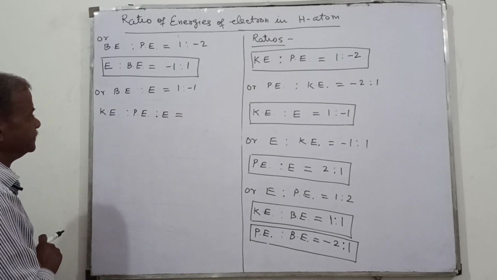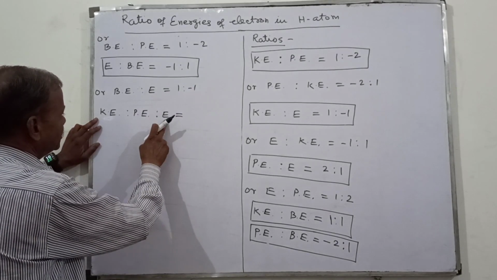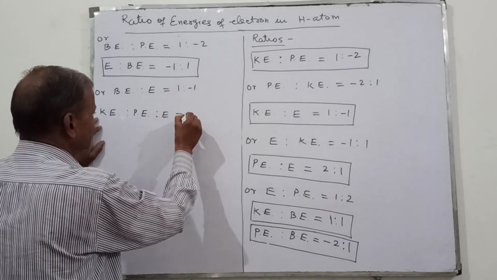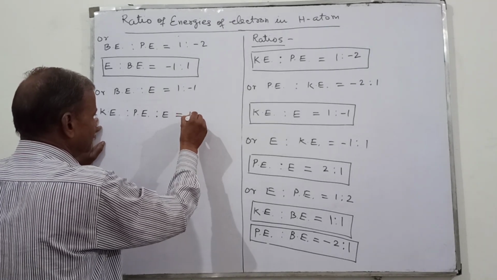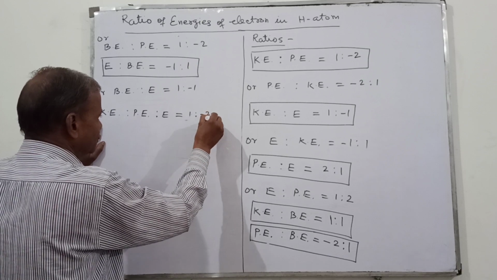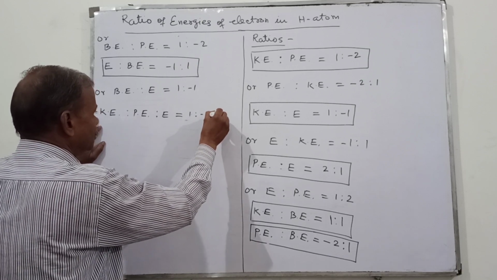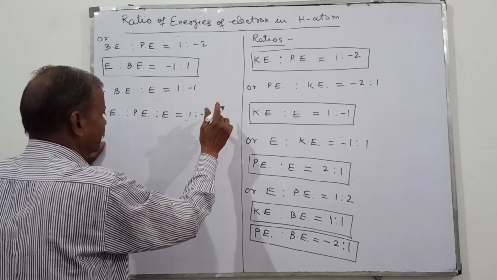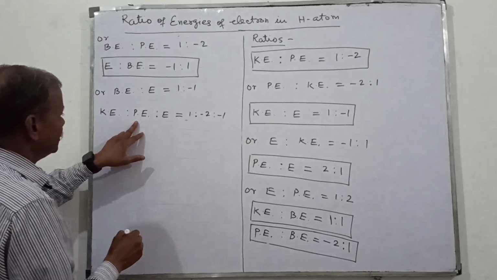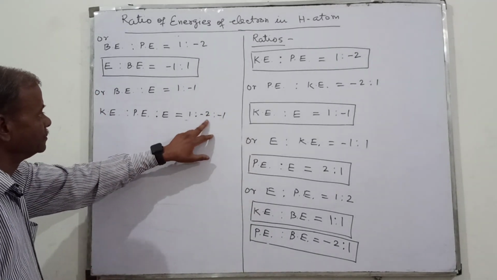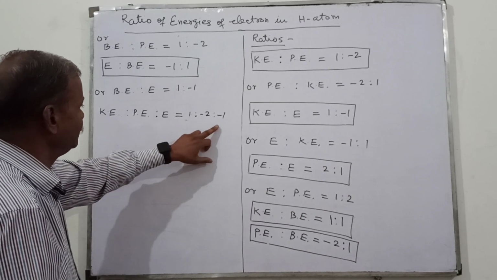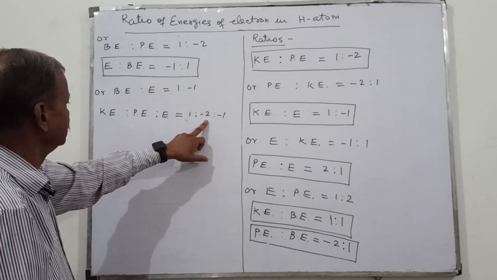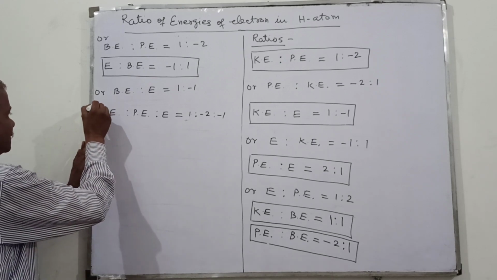Then kinetic energy is 1, potential energy is minus 2, and total energy is minus 1, because potential energy and total energy are negative, and potential energy is 2 times the total energy.